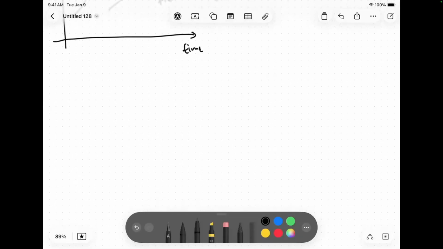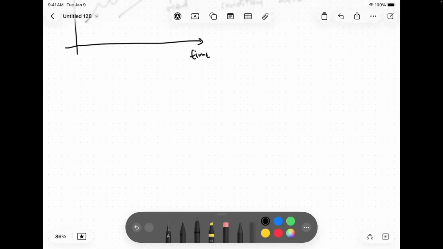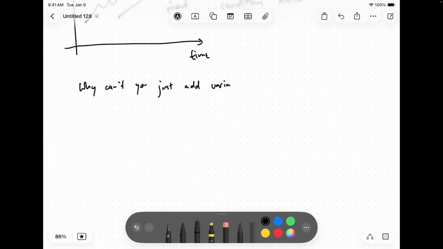And we'll talk about different ways of doing it in just a moment. But maybe one of the first things to point out, so why can't you just add variables to control for the trends, right?